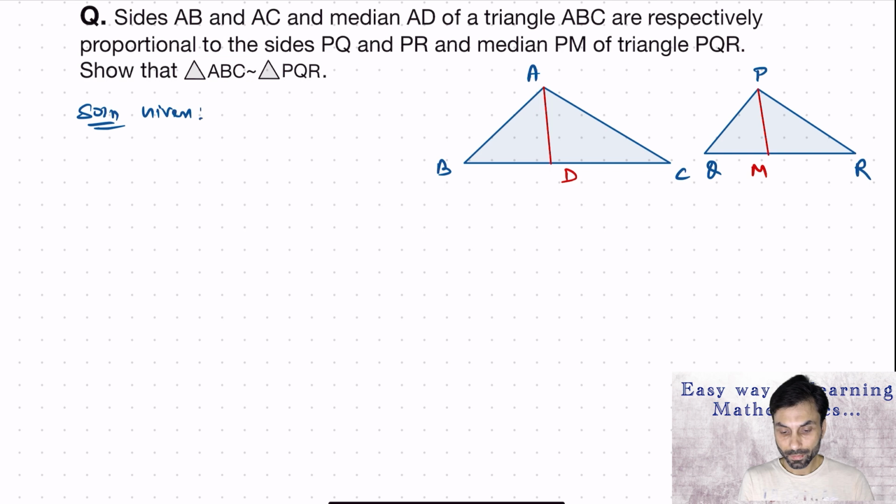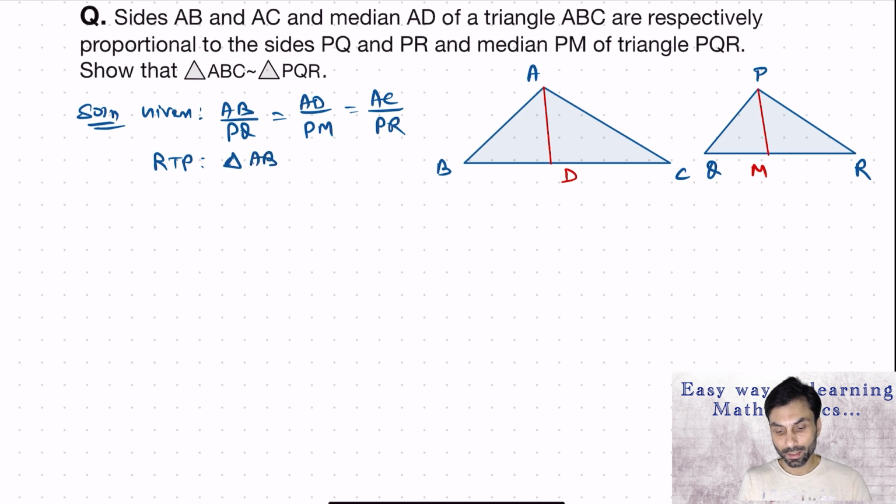So given is AB upon PQ equals AD upon PM equals AC upon PR. Required to prove is triangle ABC is similar to triangle PQR.